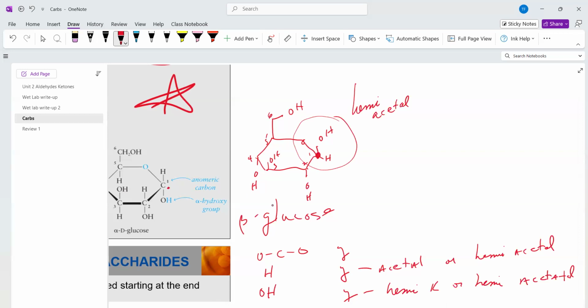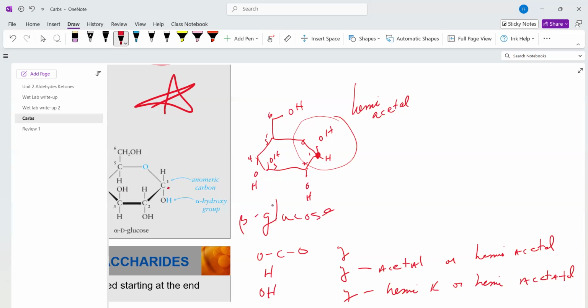Now, as you remember from acetals and hemiacetals, it can back up or it can go forward. Okay, if we back up a hemiacetal, it goes back to the aldehyde and alcohol that created it.